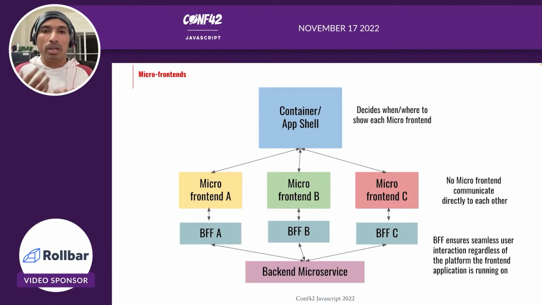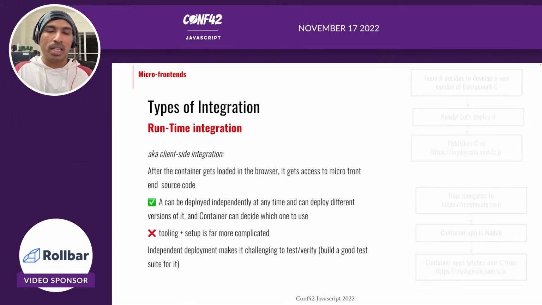It also converts a response from the backend and presents it to the micro frontend in such a way that it can understand. And if you closely look at this diagram, there is no communication between the micro frontends as well. All the communication between the micro frontends happens only inside the container application, or the other way you can call it, app shell.